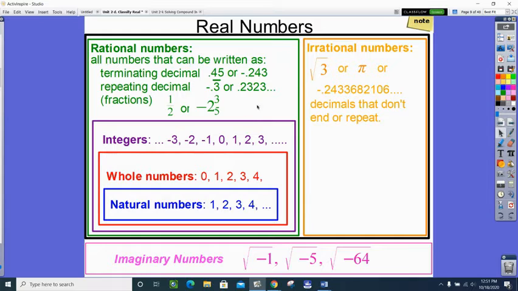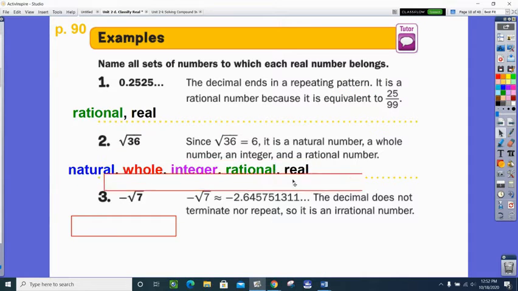So where does the number 6 start? It's a natural number. When you were a little 3-year-old, you counted 6 leaves, for instance. So the square root of 36, which is 6, would be a natural number, and a whole number, and an integer, and a rational, and a real.